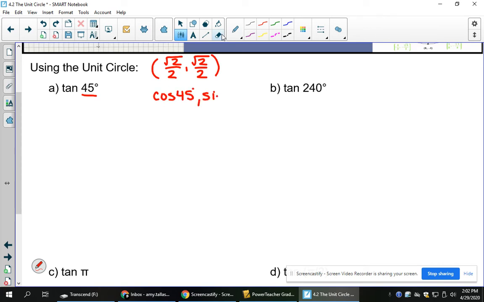Okay, and sine 45 degrees. That's what the ordered pair on the unit circle is telling you at 45 degrees. That cosine 45 is root 2 over 2, and sine 45 is root 2 over 2.